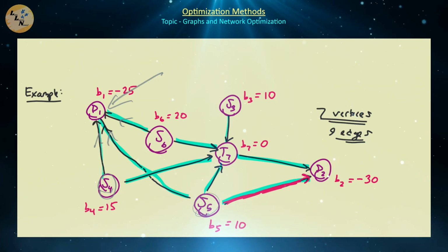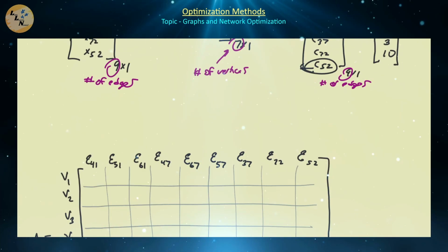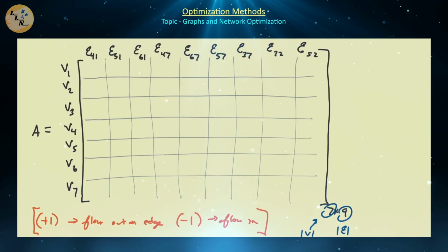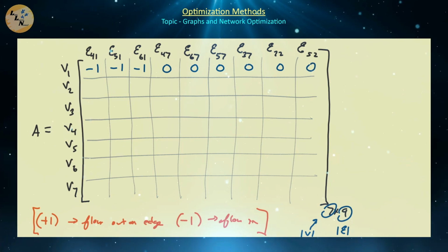In particular, we have a flow along 4, 1, 5, 1, and 6, 1. So 4, 1, 5, 1, 6, 1, which are going to be the first 3 columns, are our flow ends. And since they're flow ends, those are going to be -1. So we're going to have -1, -1, -1, and there's not any flows from any other vertex into vertex 1, therefore these are all going to be zeros.